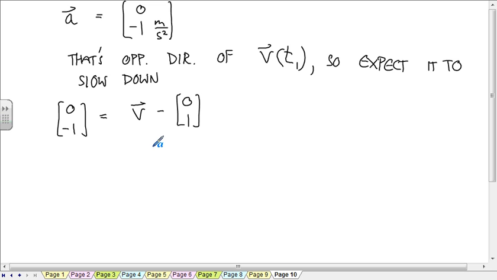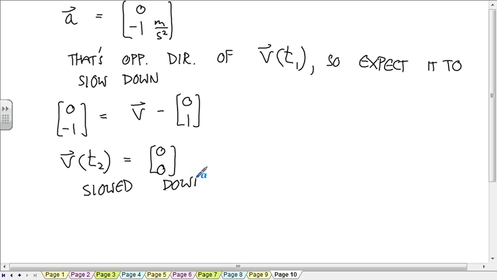Add 0, 1 to both sides, and you get that the velocity vector at time t2 is equal to 0, 0. Okay, so it slowed down.